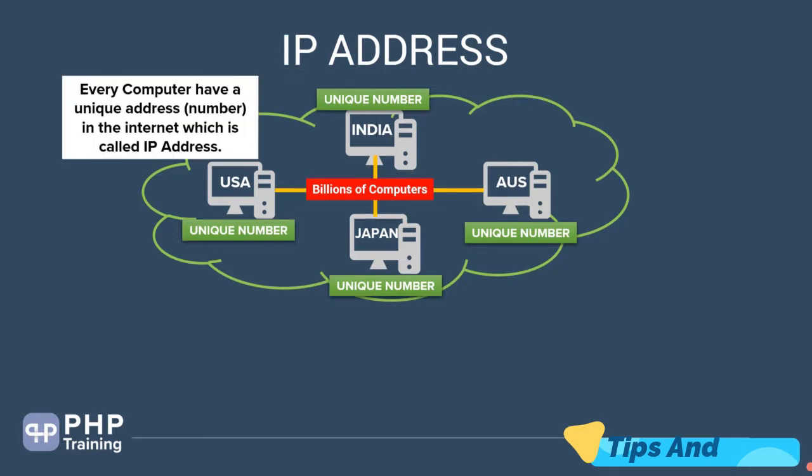Every computer has a unique address on the internet, called the IP address. Every computer that connects to the internet gets this unique address. There cannot be duplicates. Even when you connect to the internet via your Wi-Fi, you get a dynamic IP address so that you are identified uniquely on the internet.